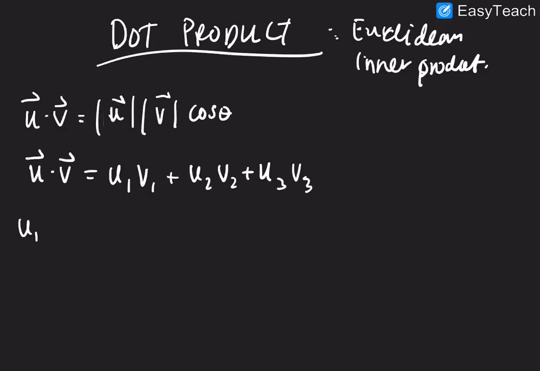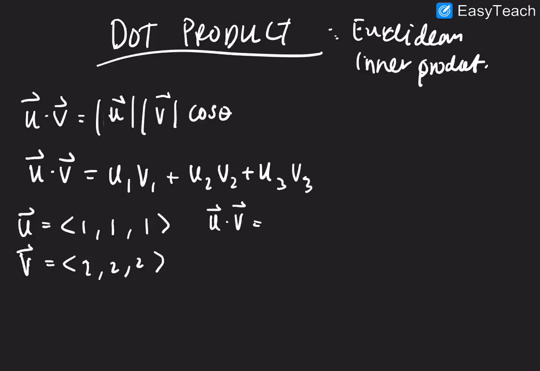So very quick, if the U vector is equal to 1, 1, 1, and the V vector is equal to 2, 2, 2, and we found the dot product, that would be 1 times 1, 1 times 2, plus 1 times, I'm going to change it, just so that there's a little bit of distinction.